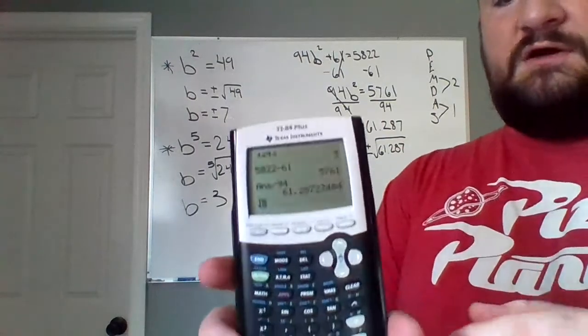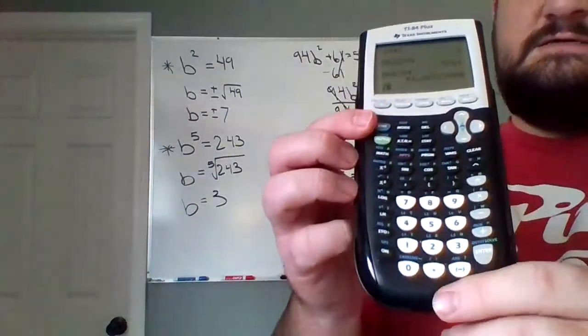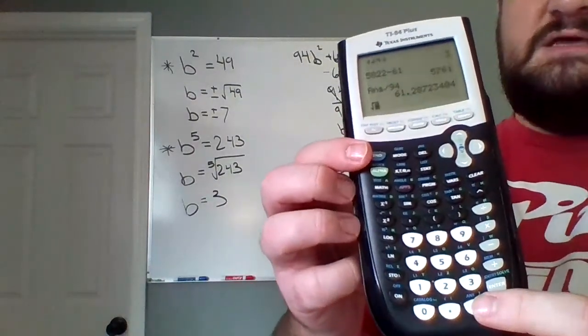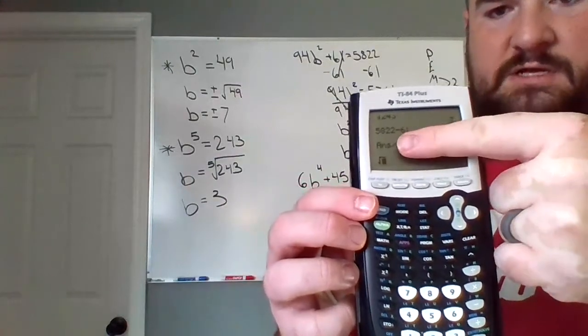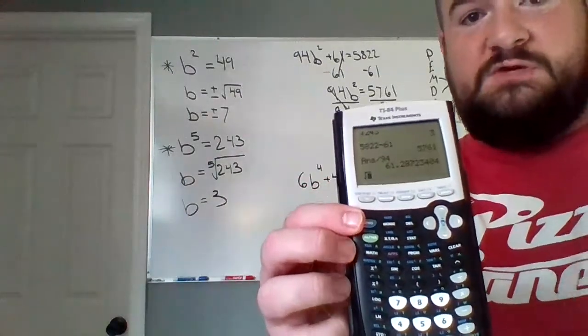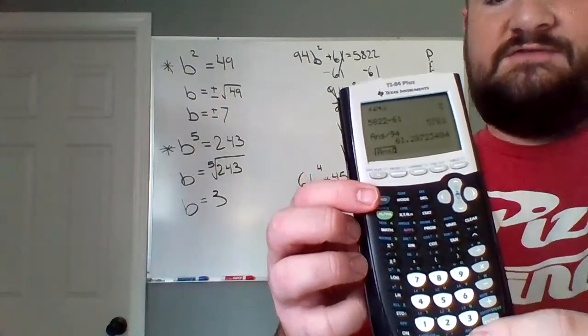But I can also use my calculator to my benefit. If we look at the negative sign right here, above that it says ANS, just like it says right here. That just stands for using the previous answer. To get that, you just hit second and then hit the negative sign.